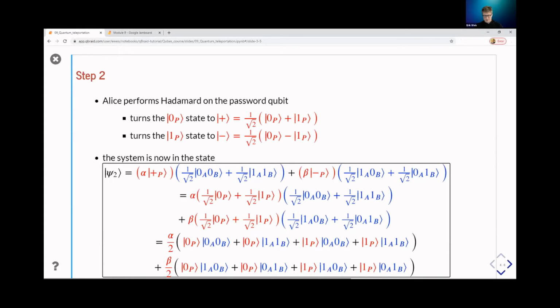But yes, there are minus signs that should be dispersed here. What you can take away from this, other than the missing minus signs, is that we now have 8 different terms. That corresponds to the 8 basis states for 3 qubits: 000, 001, 010, and so on.